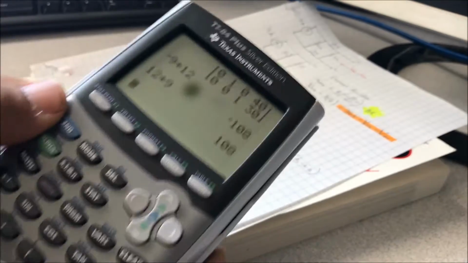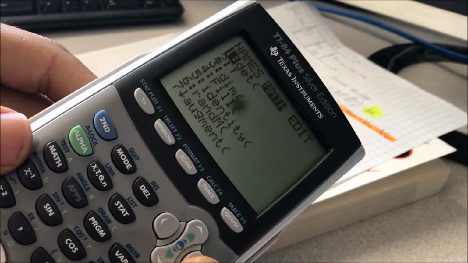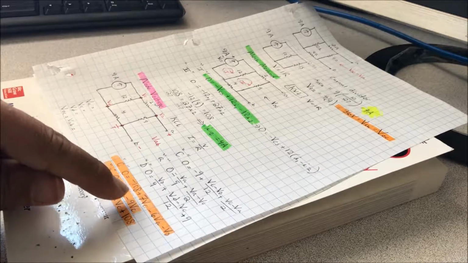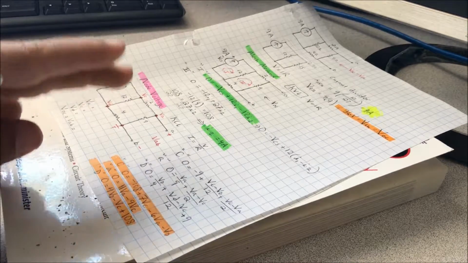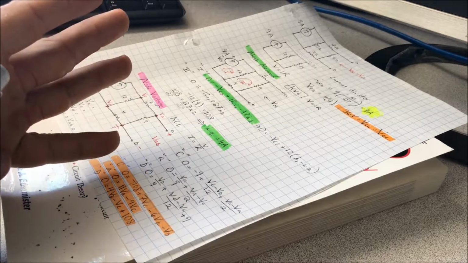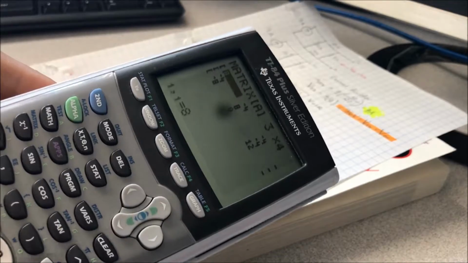Now to punch it in your calculator, go second matrix, scroll over to edit. There's VA, VC, VD, and then the answer, so that's 4. So it's going to be a 3 by 4.